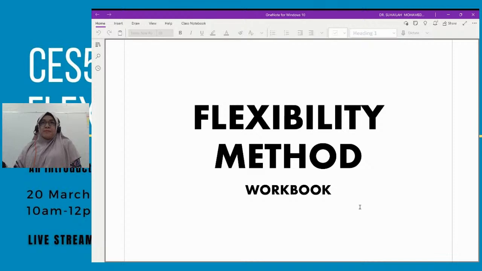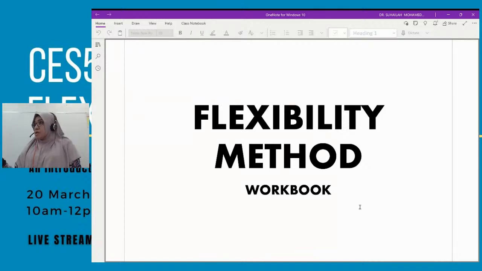Under flexibility method, we will use all the knowledge that you have learned previously, including reactions in determinate structures, and writing moment equations, meaning internal forces in beam, frame, and truss. You have to know how to write moment equations in beam and frame, and how to determine axial forces in determinate truss using method of joint, not method of section.